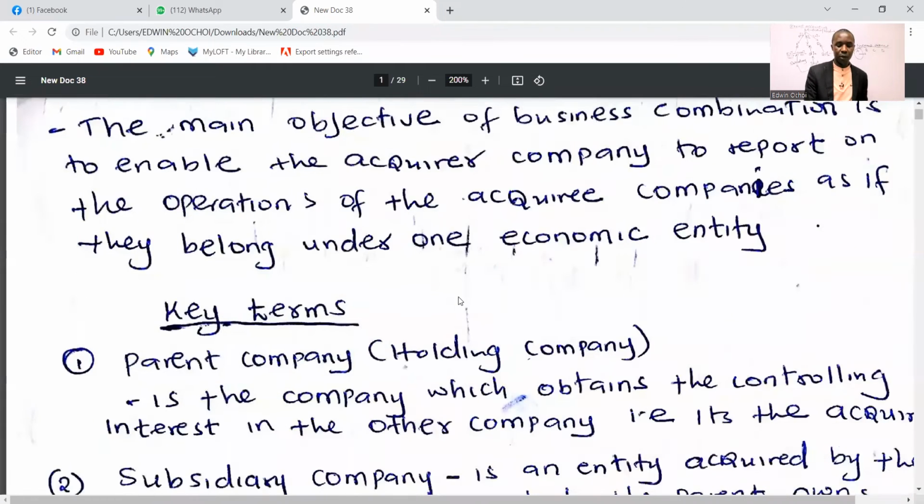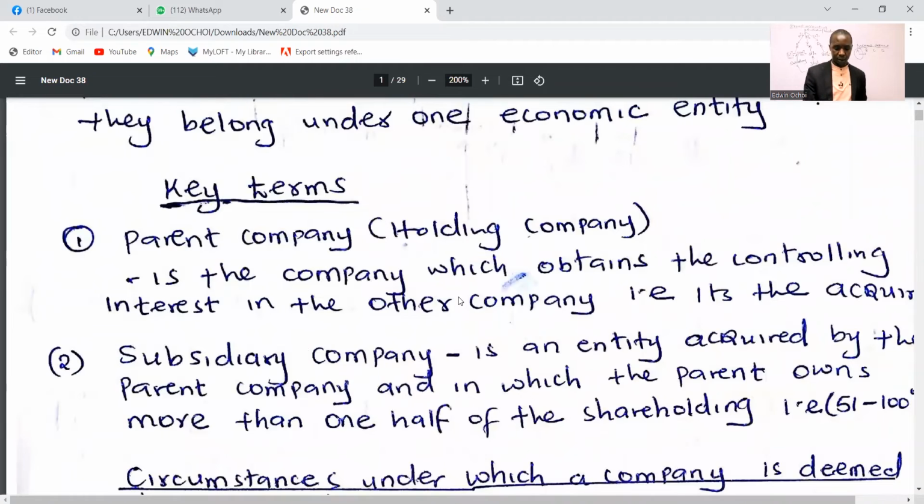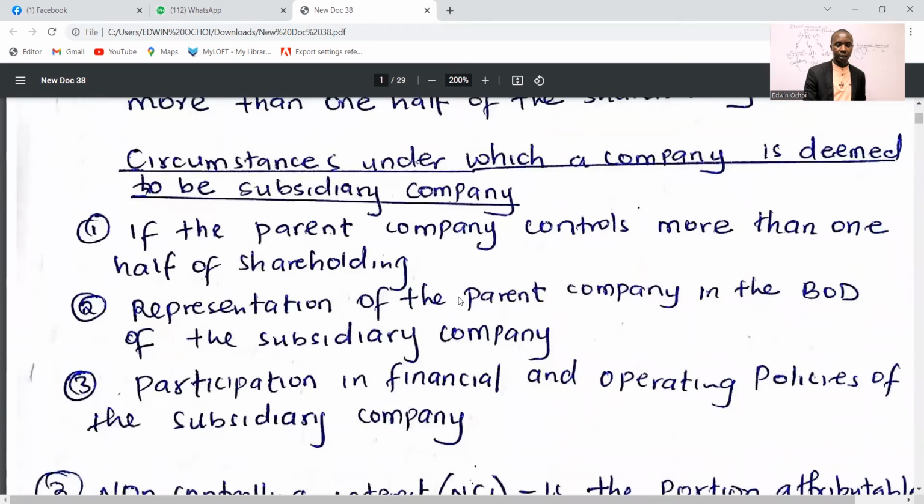So key terms: I've talked about the parent being the main company which acquires the others. We have talked about the subsidiary, an entity which is acquired by the parent, where the parent owns more than half of the shareholding. That is 51 plus. So under what circumstances is an entity considered to be a subsidiary?